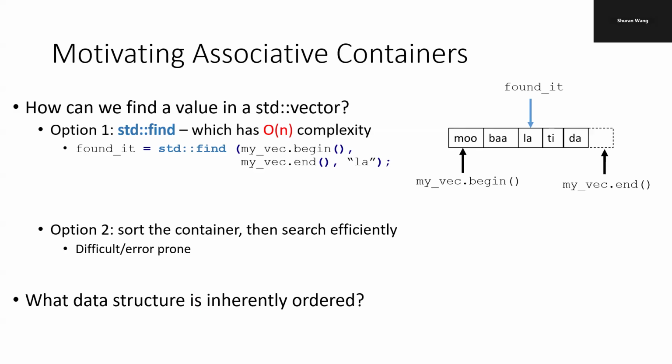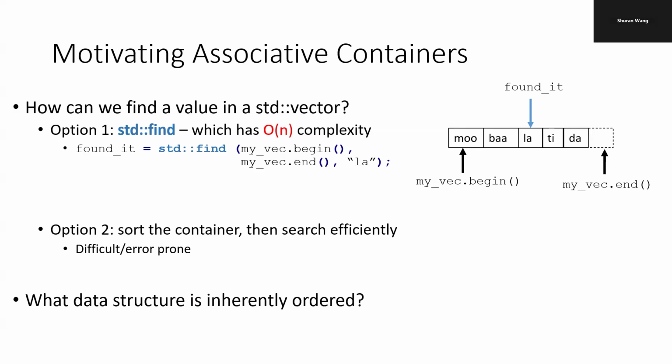You should already know one type at least that is inherently sorted or ordered. And when you search in it, it's O(log n). There is one data structure that you should already have learned.